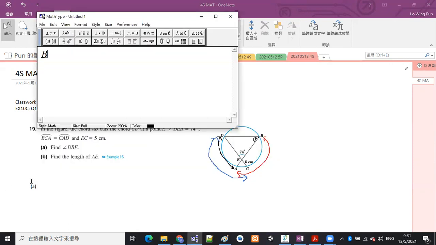So we have arc BCA equal to arc CAD. This one is given. And then if we subtract arc AC from both sides of the equation, the left-hand side and right-hand side will also be equal, right? On the left-hand side, when arc BCA takes away the part arc AC, the remaining part will be arc BC.